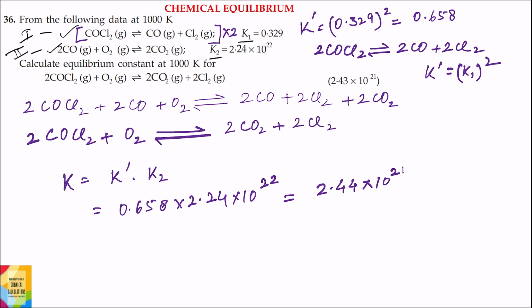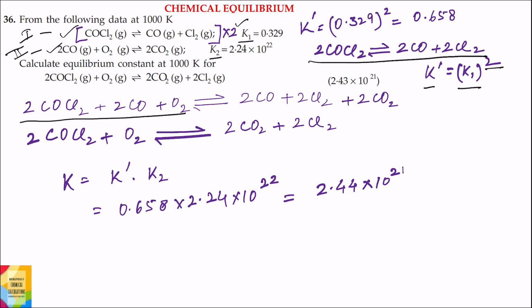So here the equation is multiplied by 2, so the value of K1 will be raised to the power 2, and the equilibrium constant for this new equation, in which all the reactants and products are multiplied by 2, will be K dash, which is equal to K1 raised to the power 2.